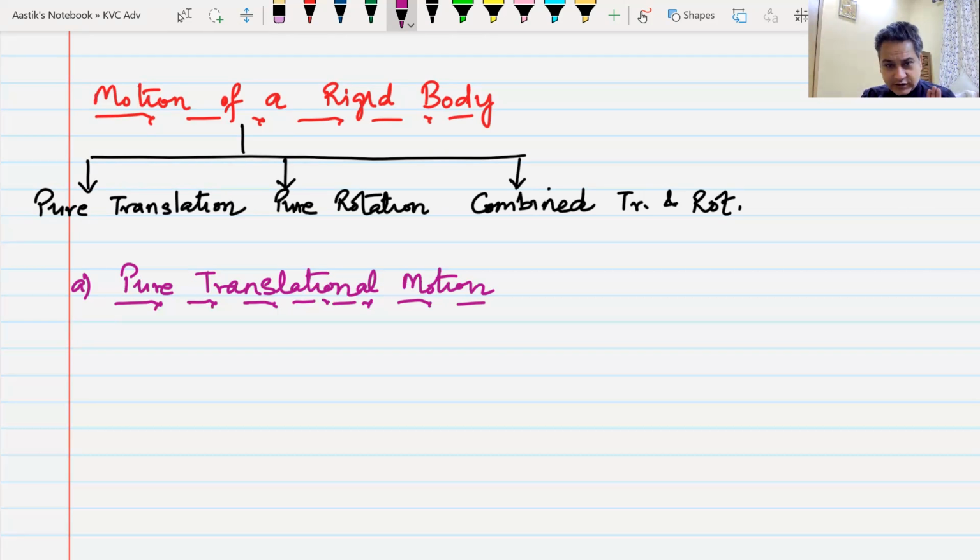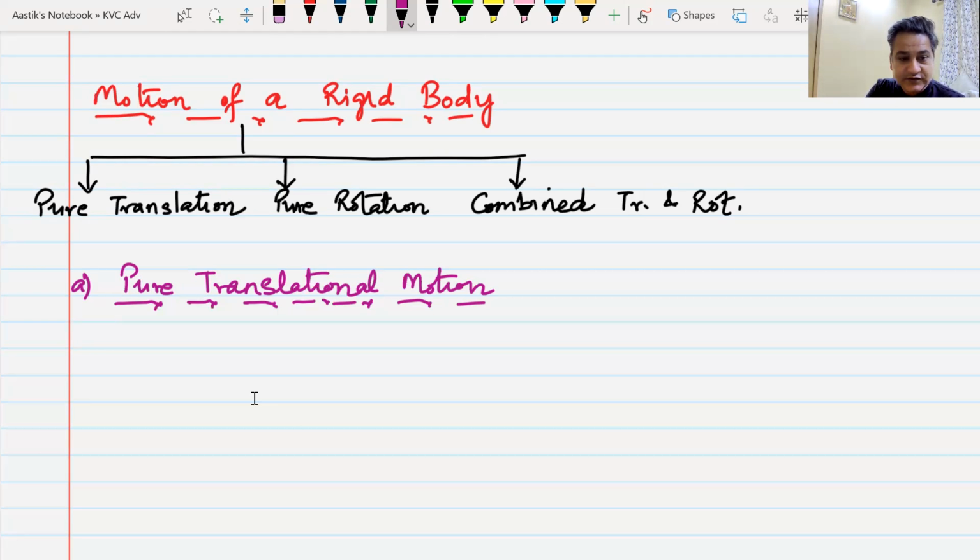A car moving on a hill, up and down. Rotation. Car is rotating. Say, only motion in a straight line is pure translation. There is no other motion which is translational.